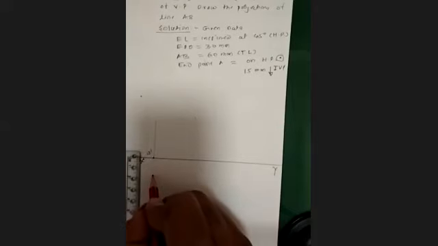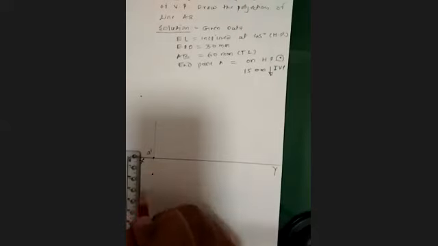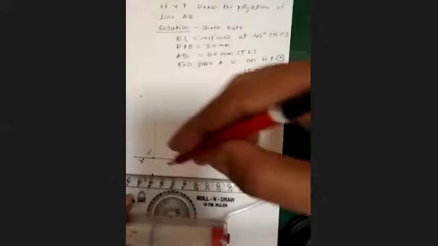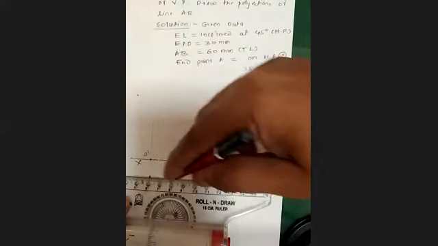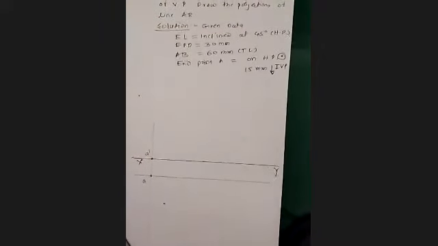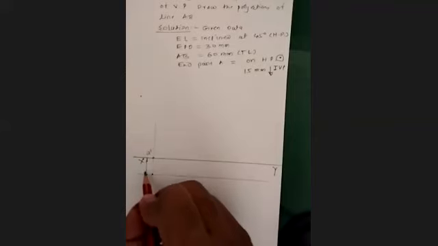So this is 15 millimeter, and you can name this point as point A. Then, as usual, once you get any point, you have to make sure you draw the line passing through that point, and that line remains parallel to the XY line. This distance is 15 millimeter.